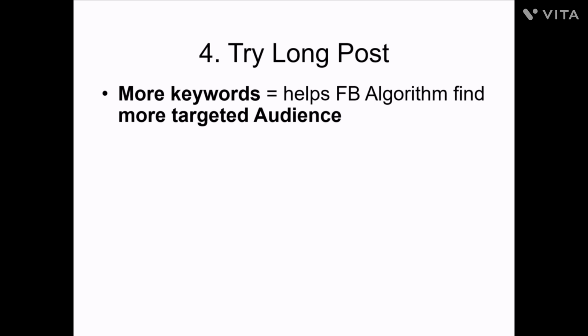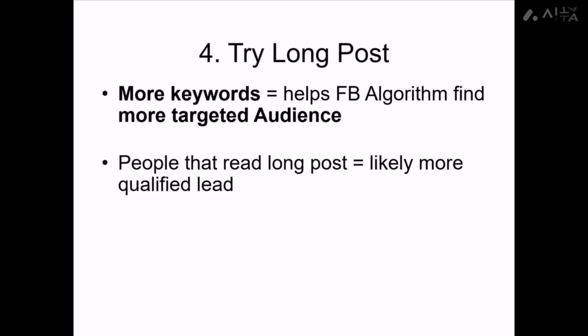Number 1, let's talk about the Facebook algorithm, or learning machine. The more you write into your post, within reasonable limits, the more it helps tell Facebook, a learning machine, that this is the kind of audience I want to hook in. It helps you find a more targeted audience. We also find that people who bother to read a long post are more likely to be qualified and interested.